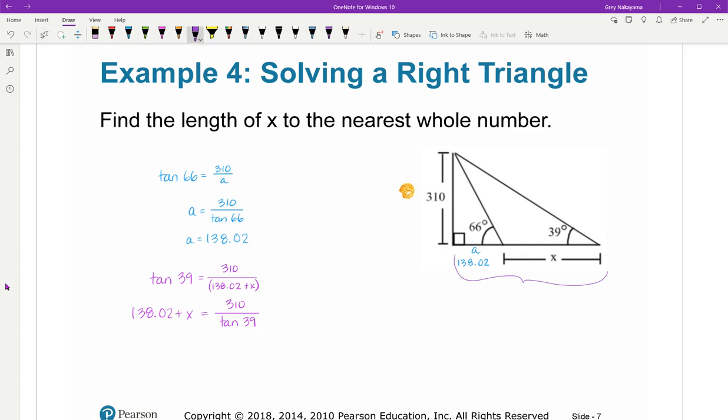So when I take 310 divided by the tangent of 39, I'm going to get 382.82. I'm now going to subtract 138.02 and find out that x is equal to 244.8. And rounded to the nearest whole number is going to give me 245.